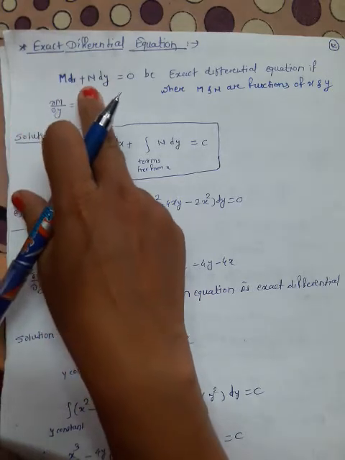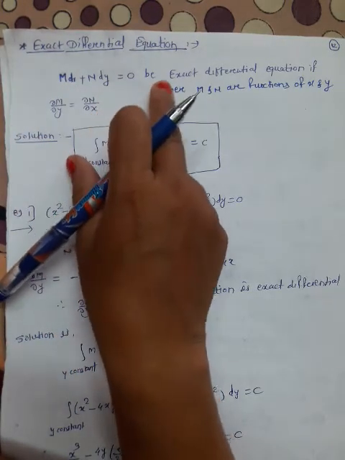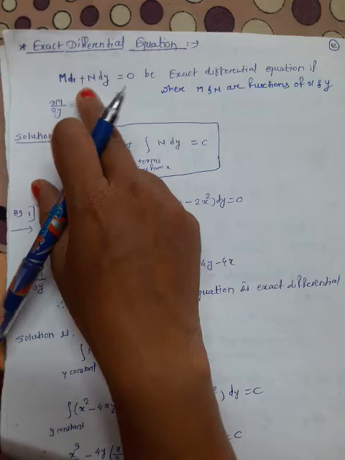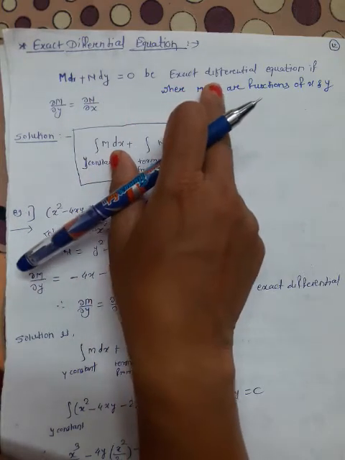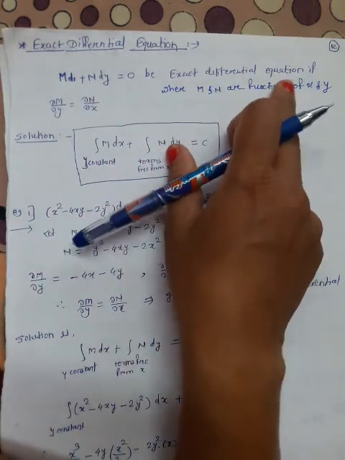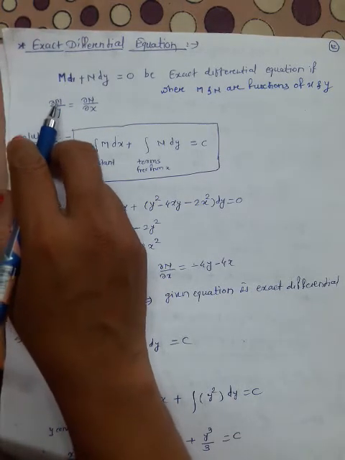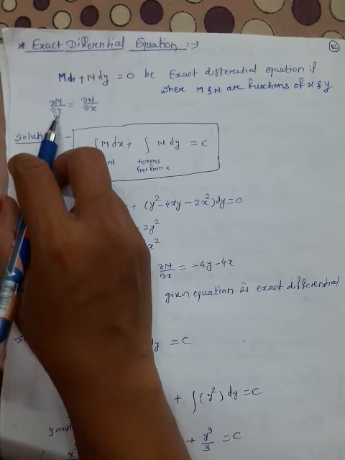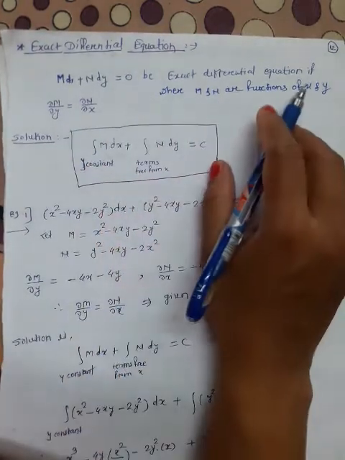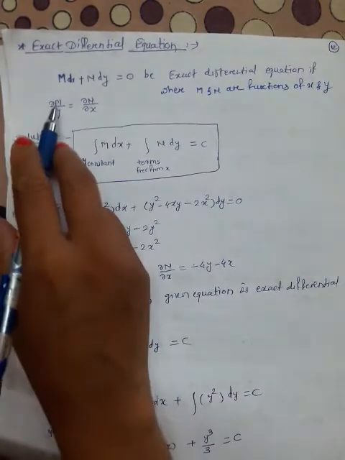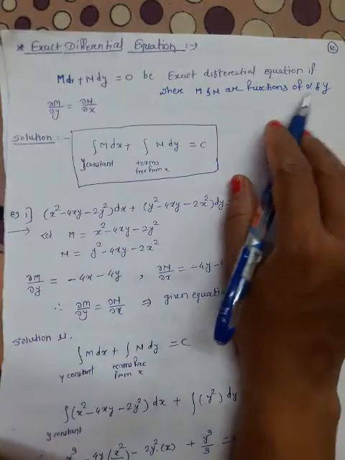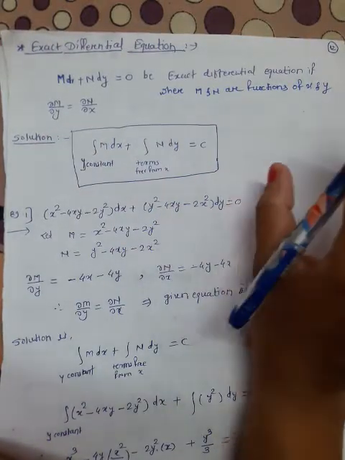For any equation of the type m dx plus n dy is equal to 0, such a type of equation is said to be an exact differential equation if del m by del y. Del means the partial derivative of m with respect to y. Here m contains both the variables x and y. If we are taking the derivative with respect to y, x should be treated as constant.